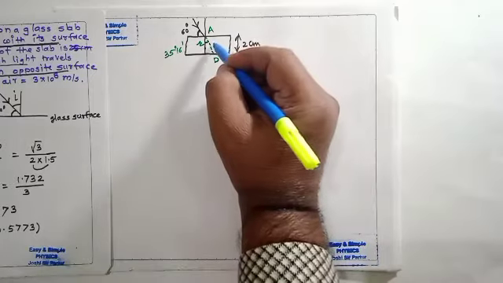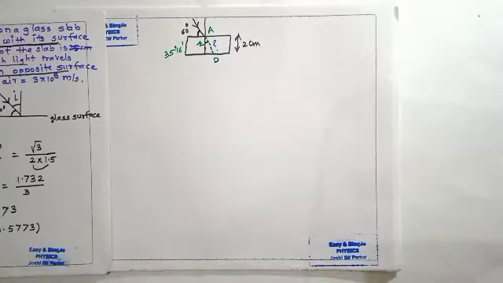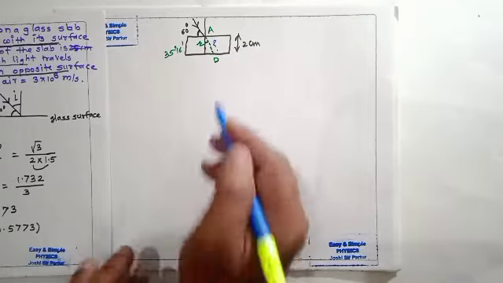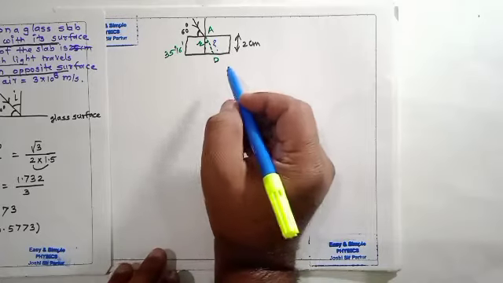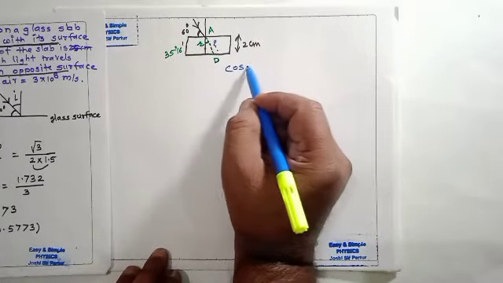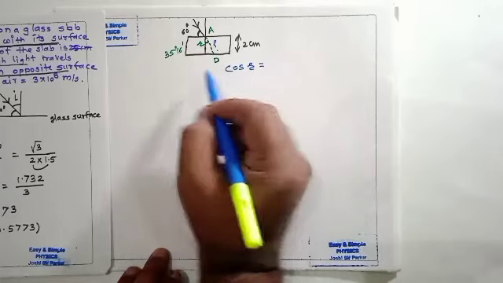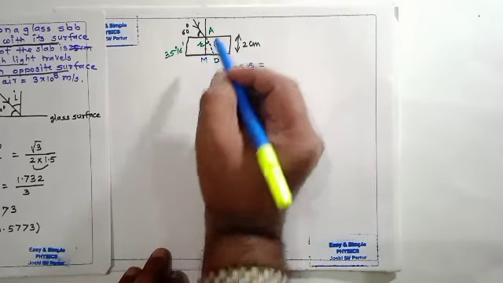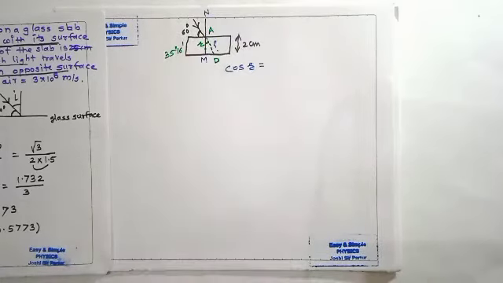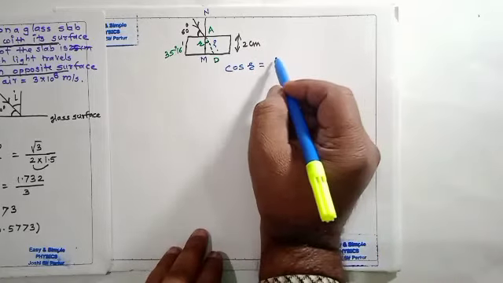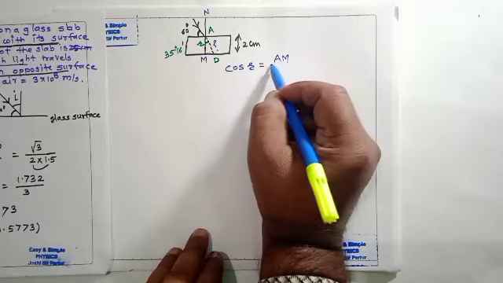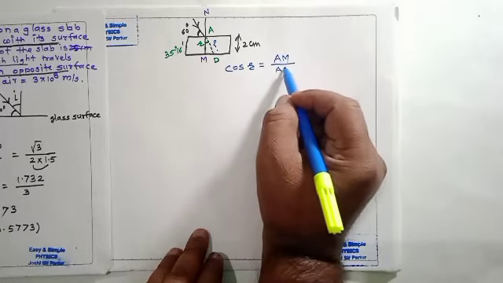Here this value is calculated. So using trigonometry, cosine R is equal to, here M is there and N is there, MN or NM will be the normal. So cos R will be AM divided by AD.